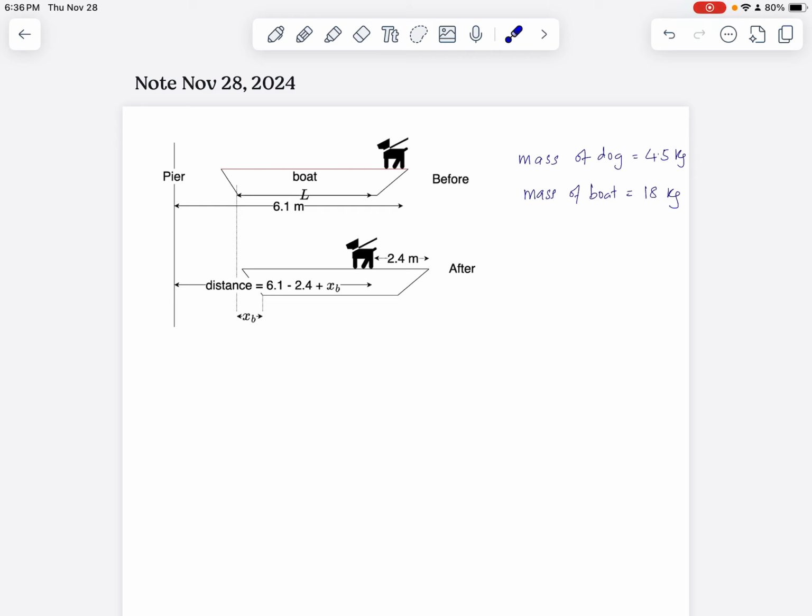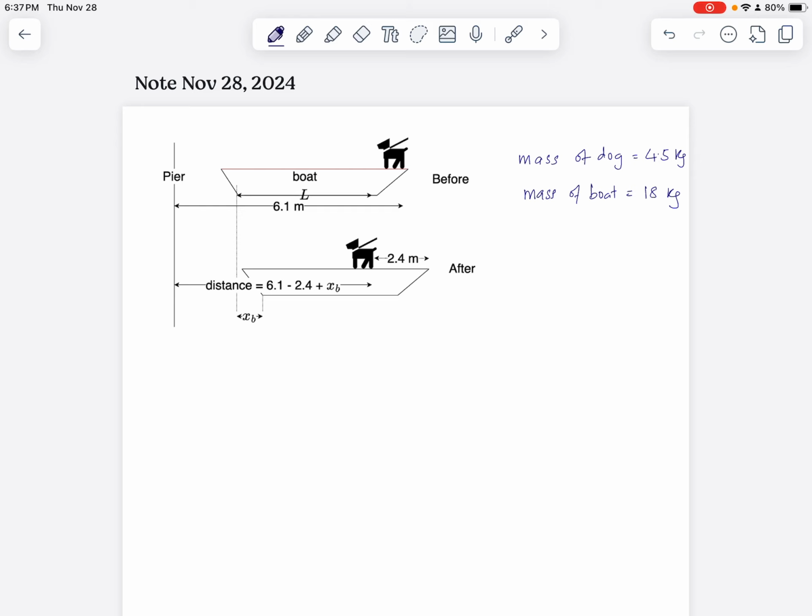Therefore the boat moves in the opposite direction, so it compensates for the movement of the dog. So we need to do some work to find out how far the dog is now after it has moved.